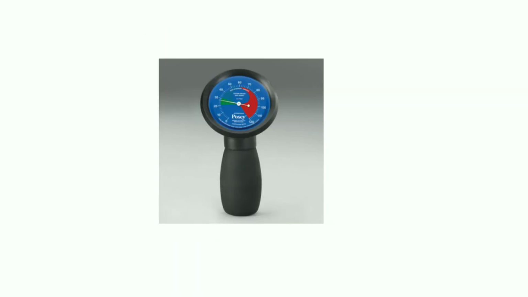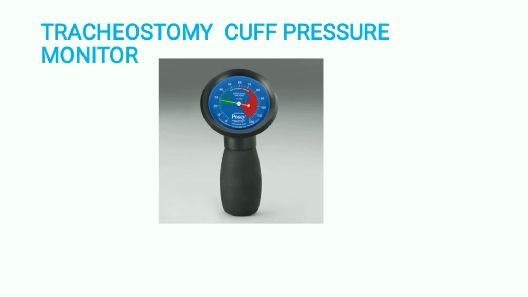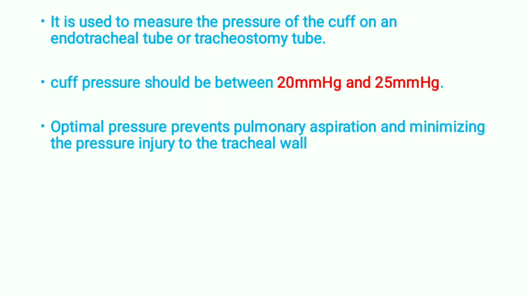What is the name of this monitor? This monitor is called tracheostomy cuff pressure monitor. You may have seen the tracheostomy tube. A cuff is there on the proximal end of the tracheostomy tube, and this monitor is used to measure the pressure of that particular cuff.